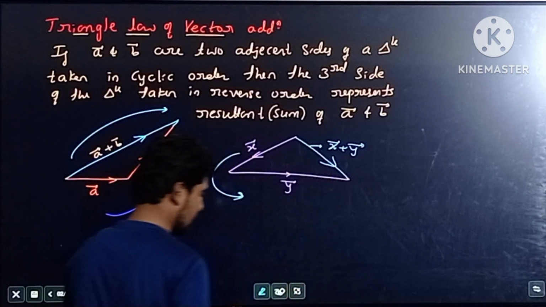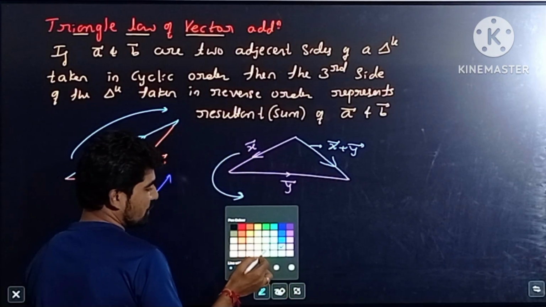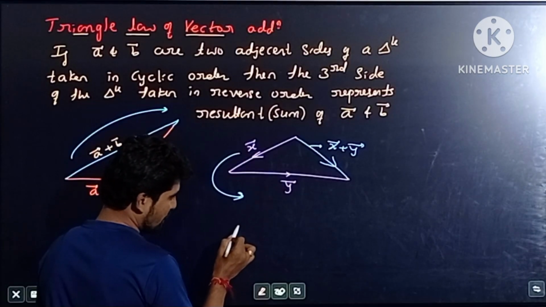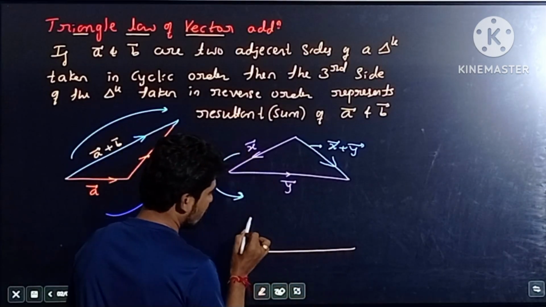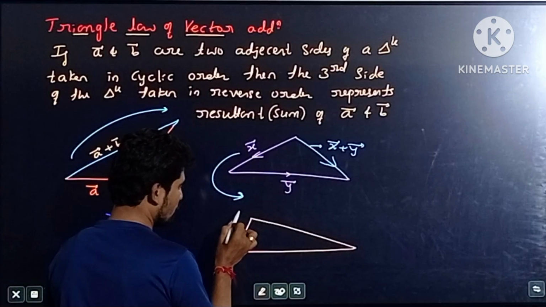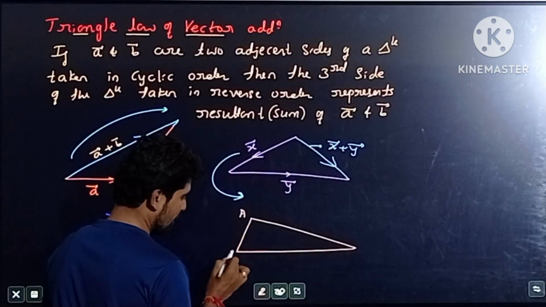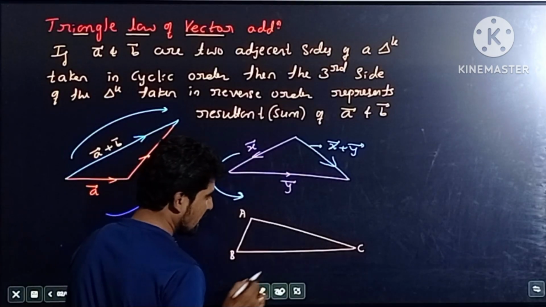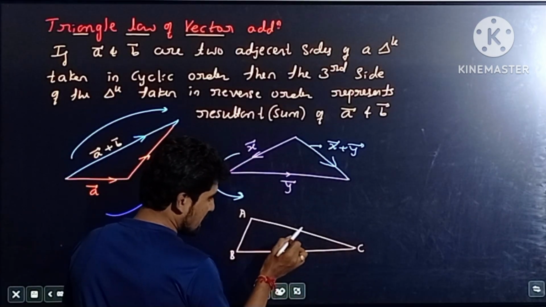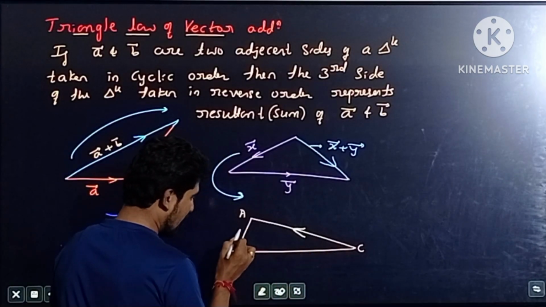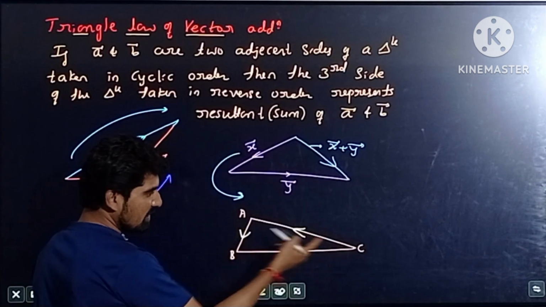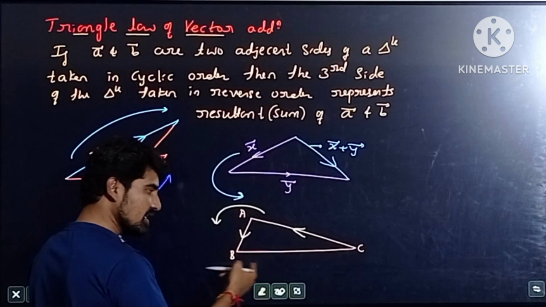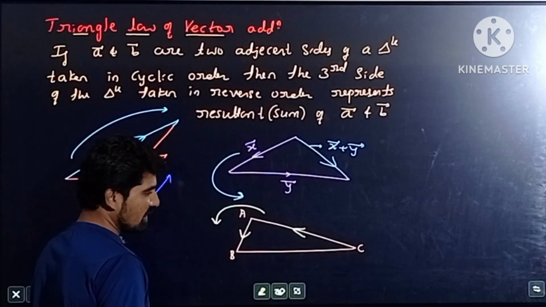Let us consider one more example. Suppose this is a triangle whose vertices are A, B and C, and let CA vector and AB vector be the two adjacent sides of the triangle ABC taken in a cyclic order.